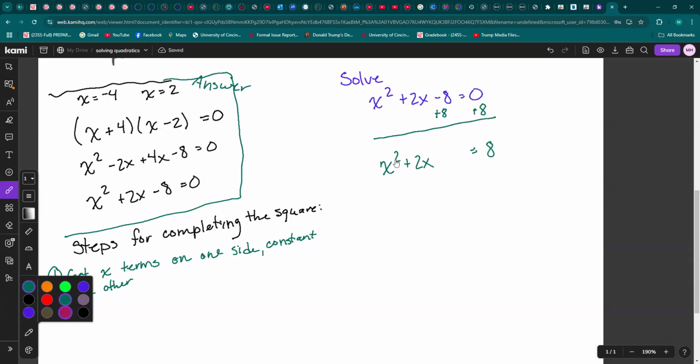Second step, if there's a coefficient, a lead coefficient, x squared has a coefficient, divide everything by it.